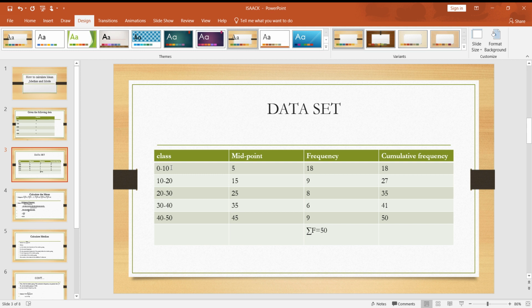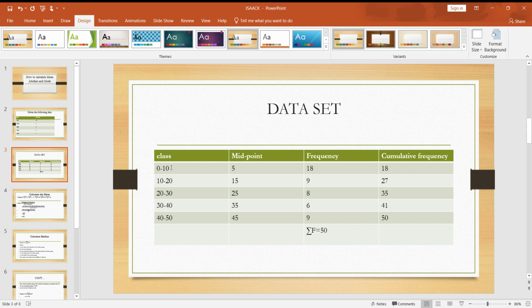Then let us go to frequencies. Frequency is just 18, 9, 8, 6, then 9, respectively, to the class arrangement.